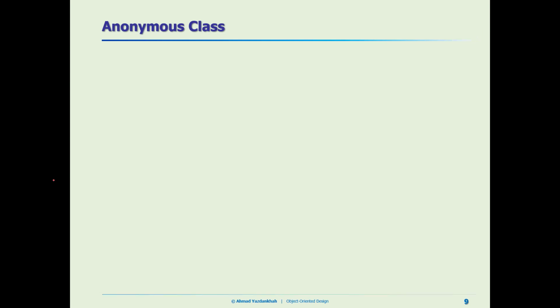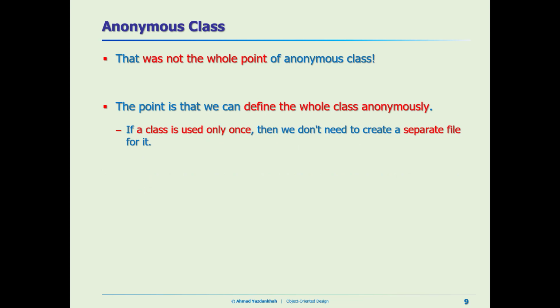Was that the whole point that we were talking about? I mean, is anonymous class the thing that we saw in the previous slide? No, it was not. The point is that we can define the whole class anonymously. It means that, for example, for the cat class, we don't need to have a separate file. I am talking about it just in case, not that particular cat class.